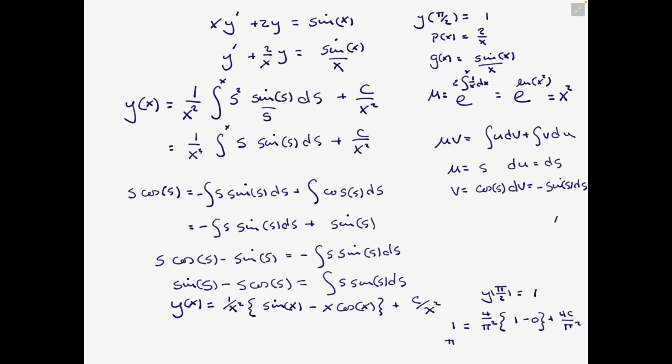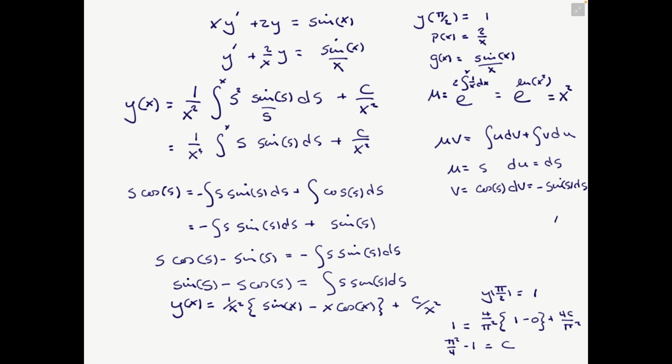We've got pi squared on 4 minus 1 equals c. I think that works for us.